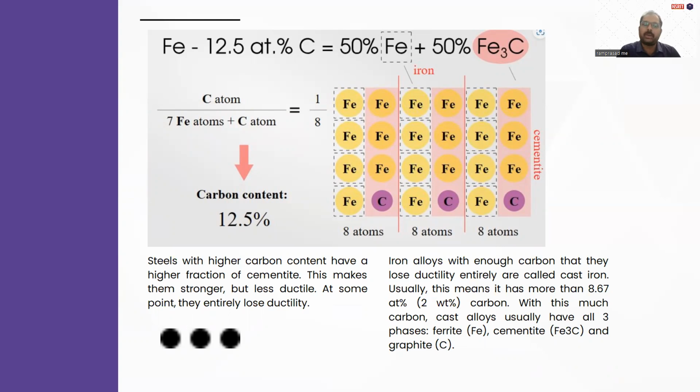Depending upon the atomic weight of the carbon and the weight of the ferrite iron, we consider the molecular weights. Then the maximum solubility of carbon in iron is 6.67%.